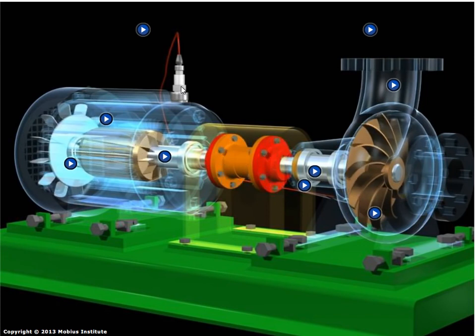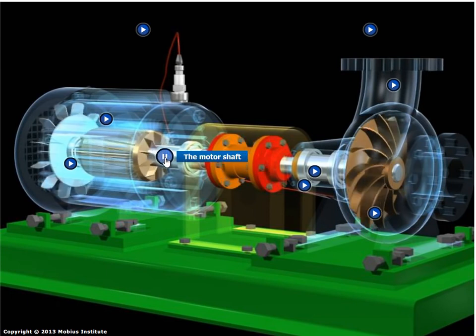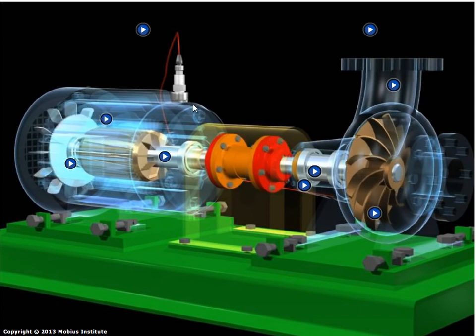But one of the keys is that vibration analysis, in a sense, enables us to sort of listen. Well, what is happening with the shaft? What's happening with the bearings? What's happening with the rotor bars? Now, we pick up all those sounds from here.